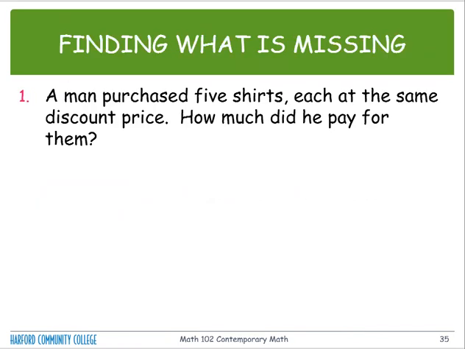Let's see examples. For this case, we're going to find what is missing in the problem. For example 1, a man purchased 5 shirts, each at the same discount price. How much did he pay for them?